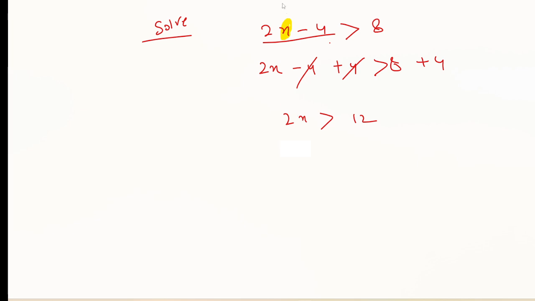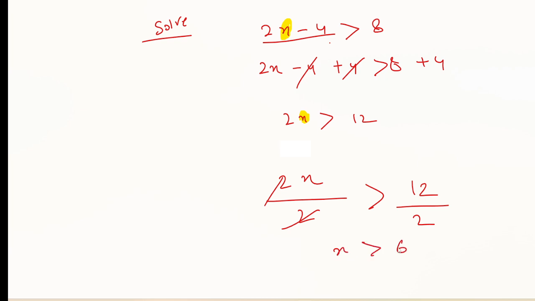Then what is extra there with x? 2, which is in multiplication. So I will use the opposite operation. Multiplication means I'll divide here with 12 over 2. So it cancels out. This will give me x is greater than 6. So that's how we do it.